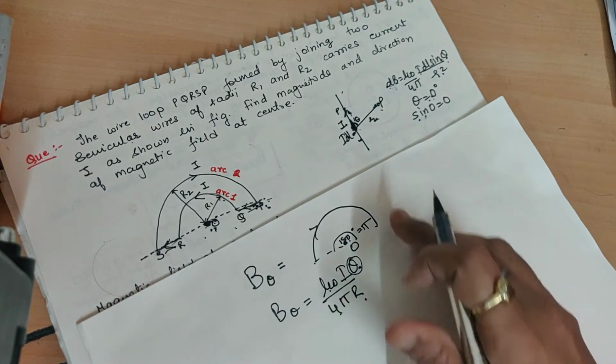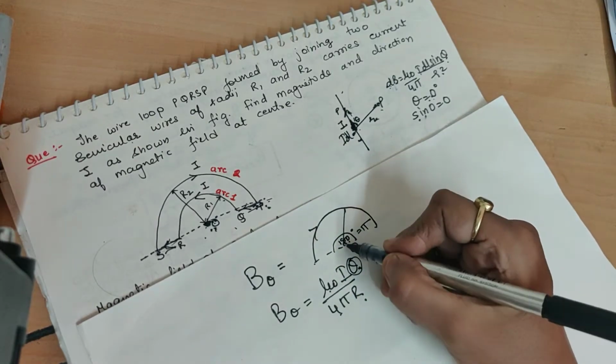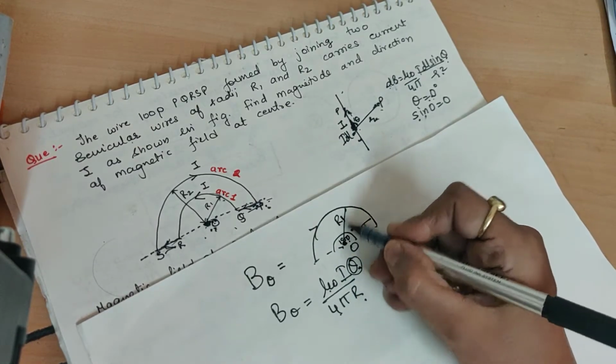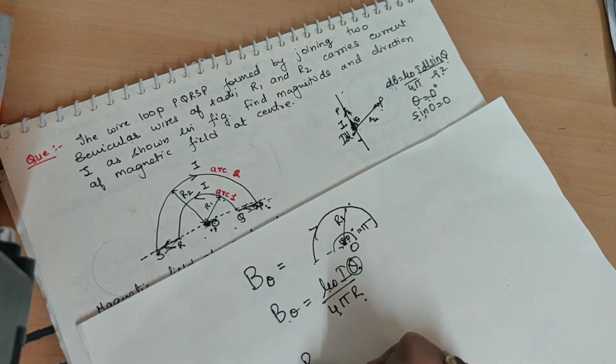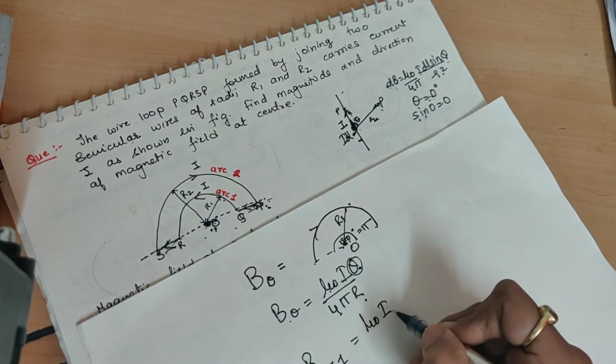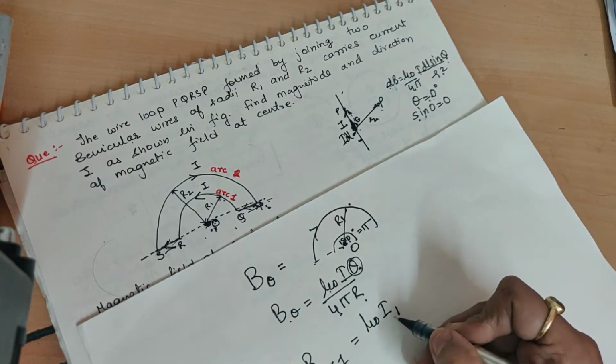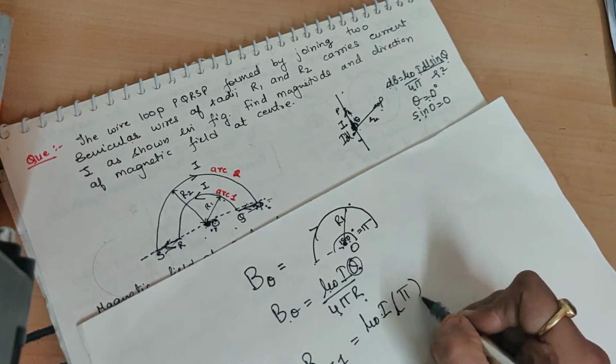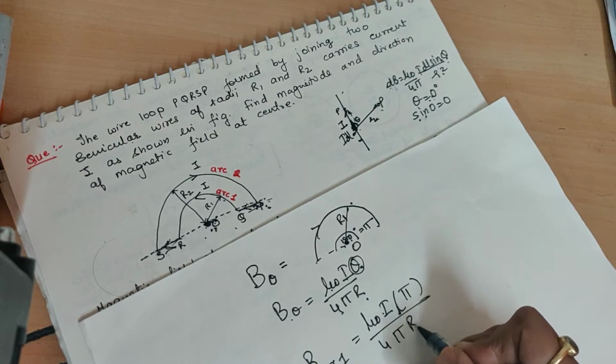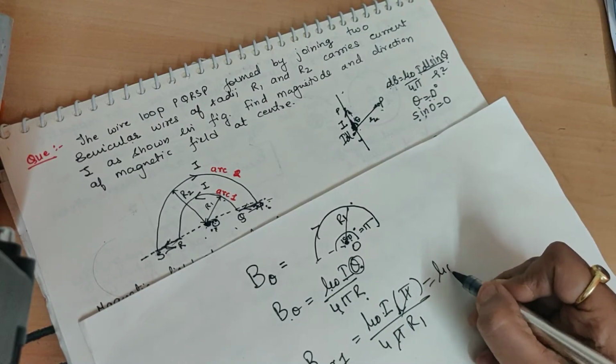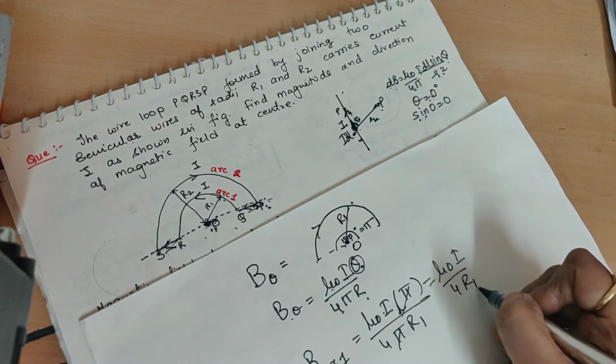For the arc with radius R1, the magnetic field due to arc 1 is mu naught I times pi upon 4 pi R1. So this becomes ultimately mu naught I upon 4 R1.